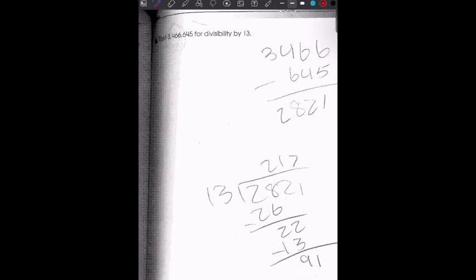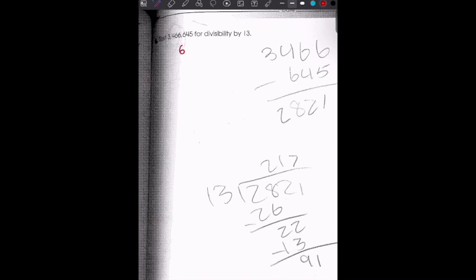So we're testing for divisibility by 13. And for divisibility by 13, we're going to look at the last 3 digits and the preceding number.